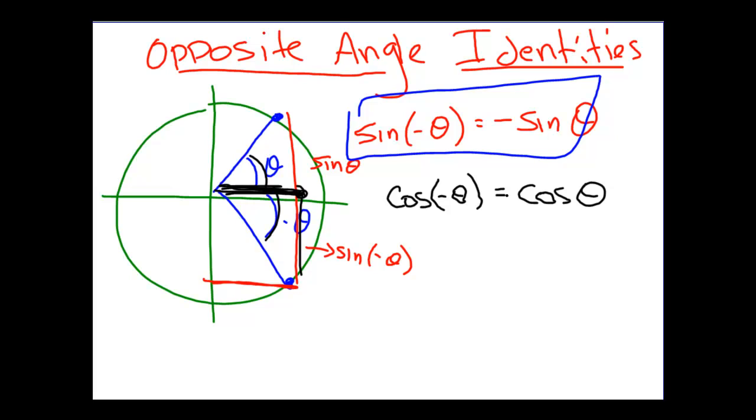Signs, plus or minus, do not affect the value we get when we evaluate the cosine of a function. And that has to do with the fact that the cosine is an even function. Again, if you look at the graph of cosine, cosine is symmetric with respect to the y-axis. That makes it an even function, and this is a property of even functions.